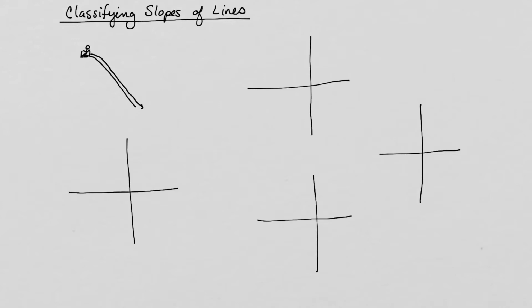If you think about drawing a line in the plane, our line could maybe look like this. Our line could maybe look like this. I could also have a line that was completely horizontal or a line that's completely vertical. And so each of these lines, we can classify them based on their slope.